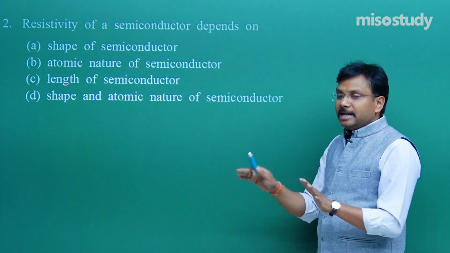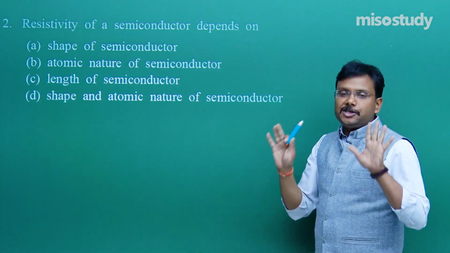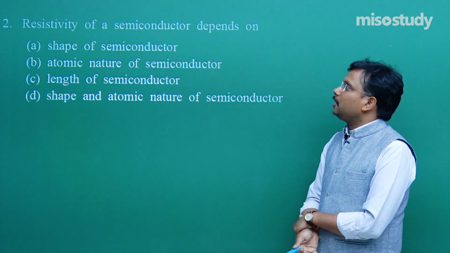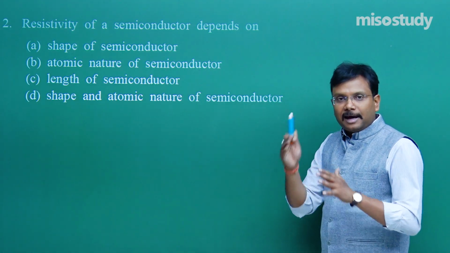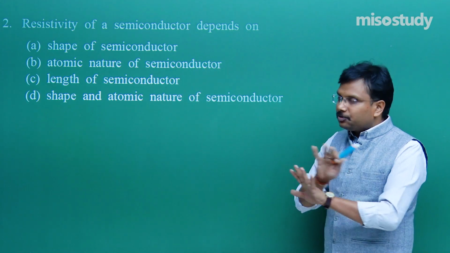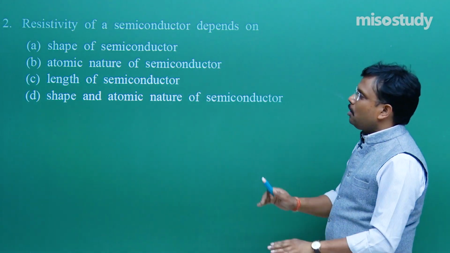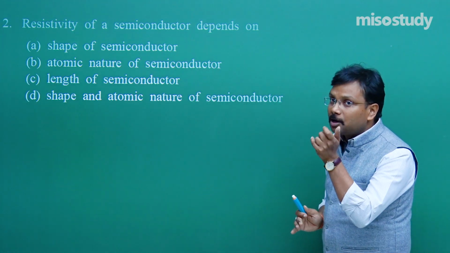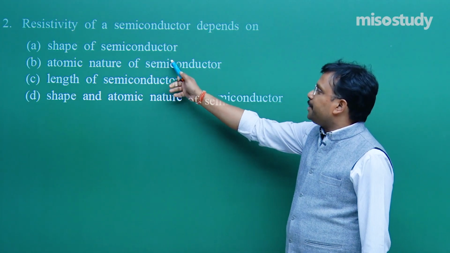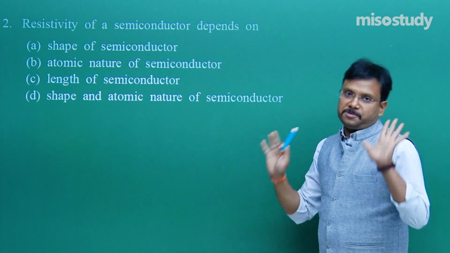So atomic nature alone is sufficient to decide the resistivity of a semiconductor. Shape and physical parameters like length, width, height, nothing is important. So now, without knowing anything, just on the basis of logical conclusions, you can say B is the correct option.